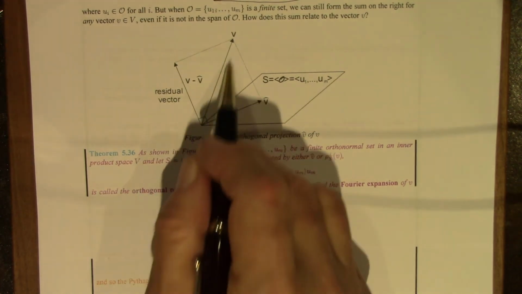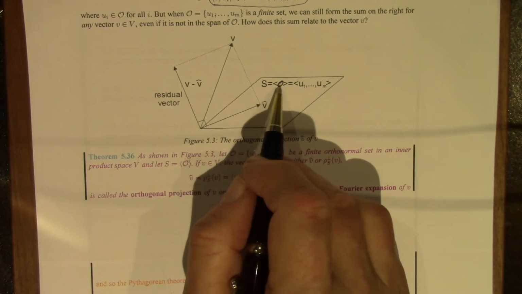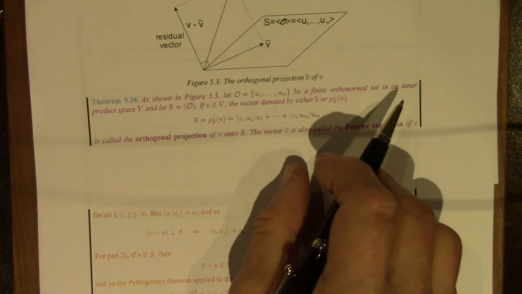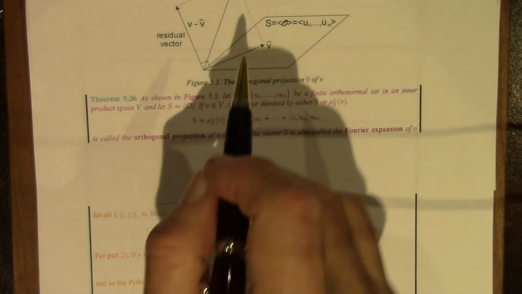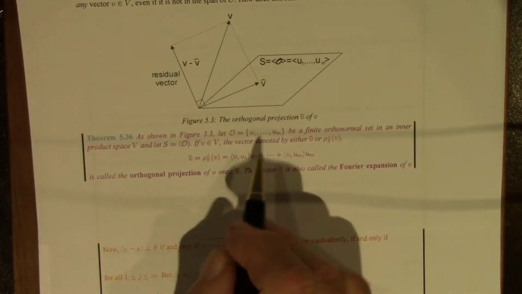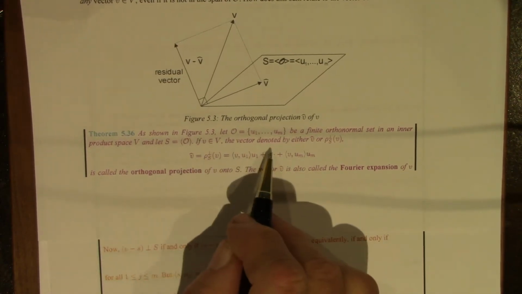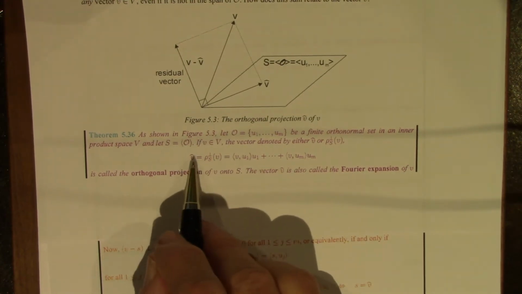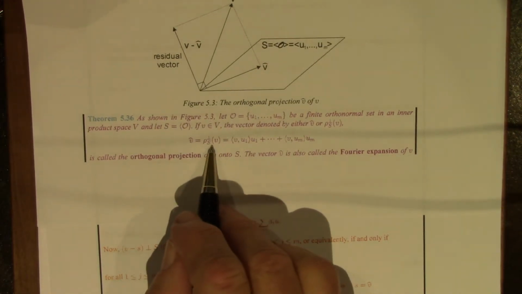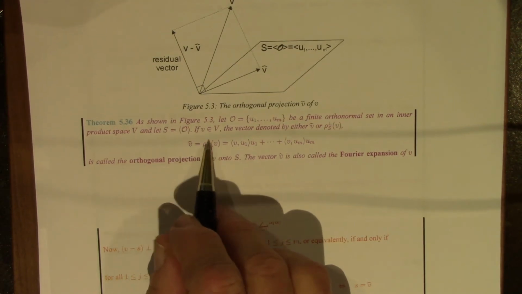Here is a vector V that does not lie in the span of O. In other words, it doesn't lie in the subspace S. This vector, which is rewritten here, is often denoted by v hat, or another notation that we will use is rho sub S perp of v.